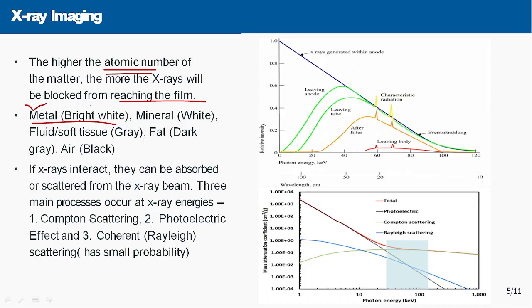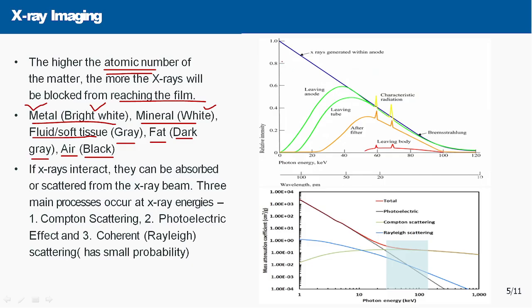So we get bright white. If we have some minerals, they still have some absorption, so we get white. Then fluid and soft tissue appear gray, fat appears dark gray, and if nothing is there then it's black, because all the X-ray beam passes through it.